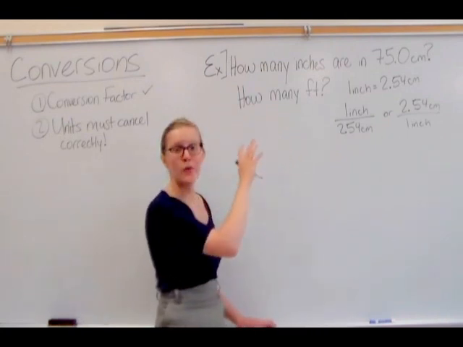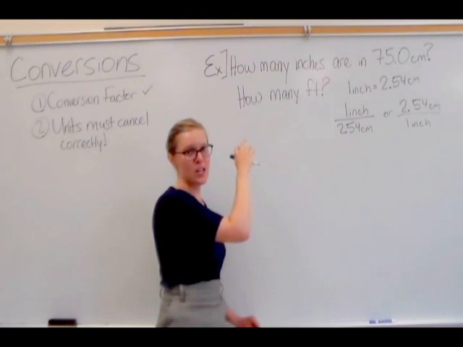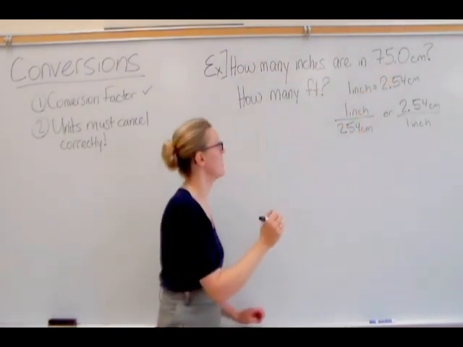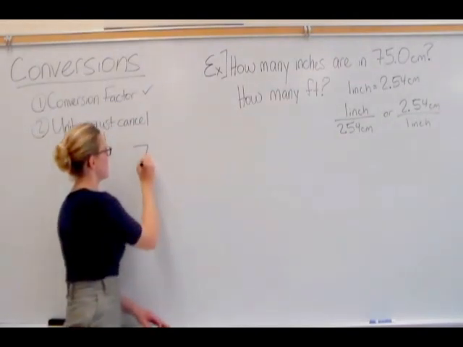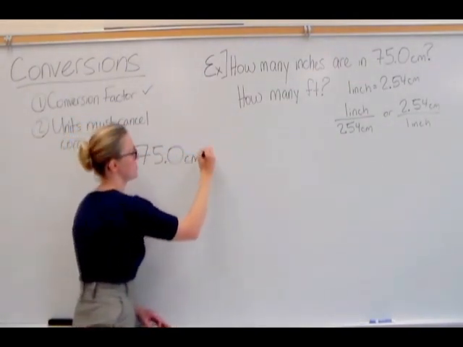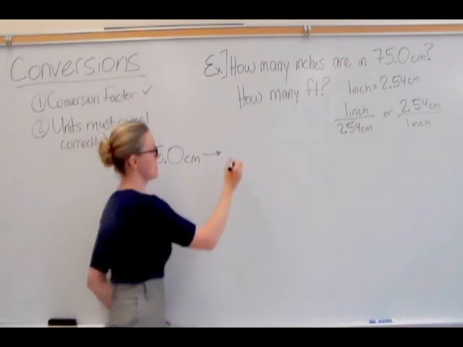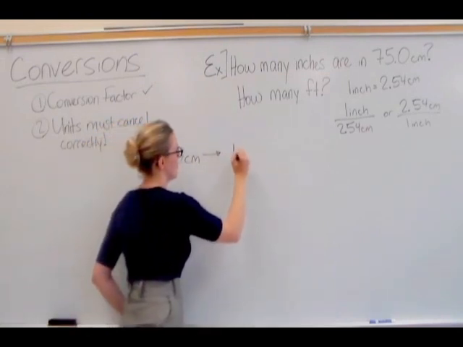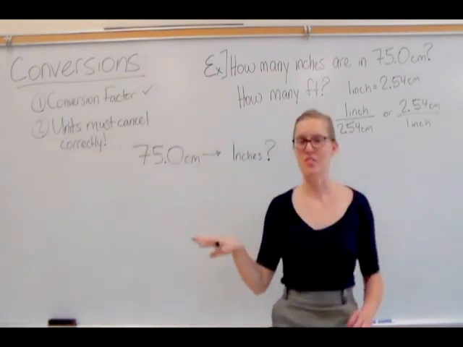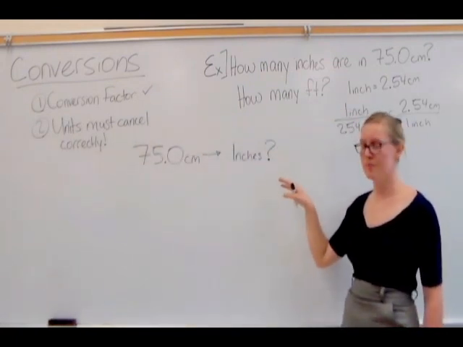So when we start the problem, we want to always begin with whatever information was given in our problem statement. So we'll start with saying we have 75 centimeters, and we're looking to see how many inches is that. So this is what we're trying to solve.